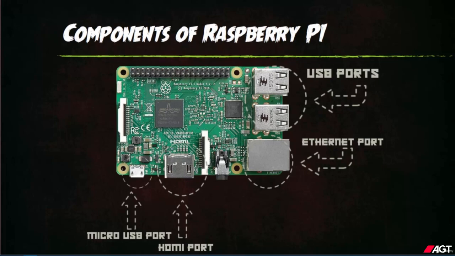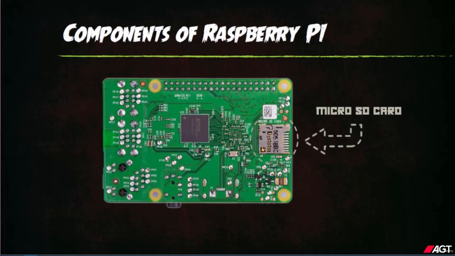So these are the components on the front of the board, and at the back there is a micro SD card slot, so we can plug in our micro SD card. Micro SD card acts like a hard drive in Raspberry Pi. In the next video, I'm going to show you the tools we are going to install on the micro SD card, and how we can install the operating system on it.